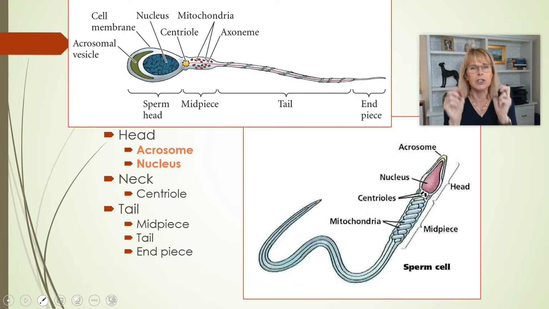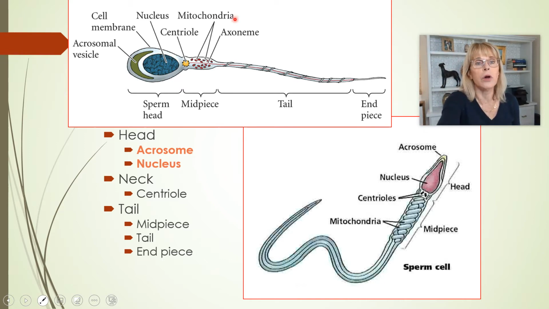That's kind of like the engine that makes the tail able to swim. Also in the midpiece are mitochondria. And the mitochondria that are inside of your cells, all of them came from your mother. None of them came from your dad.